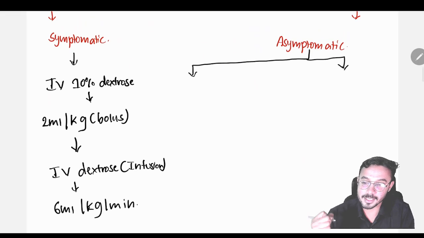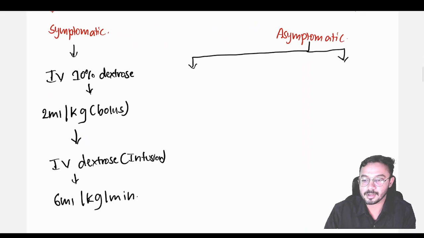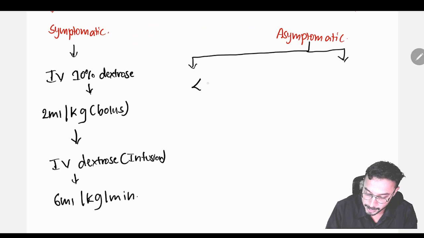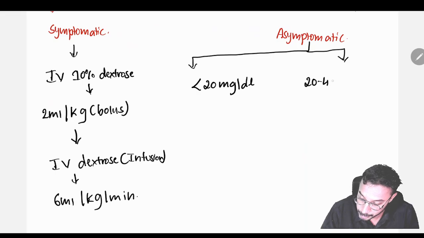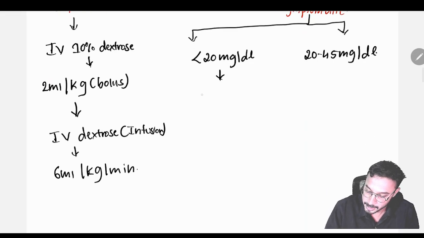If the baby is asymptomatic, you are going to treat the baby based on the blood glucose level. If the blood glucose level is less than 20 mg per dl, or falls between 20 to 45 mg per dl, then how much are you going to give? 6 ml per kg per minute, in infusion form.